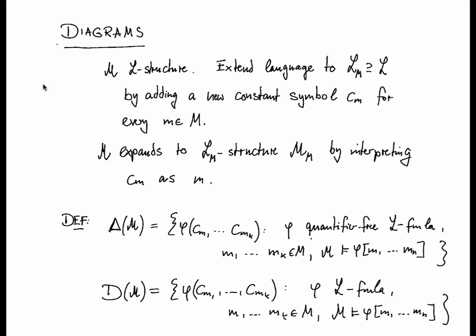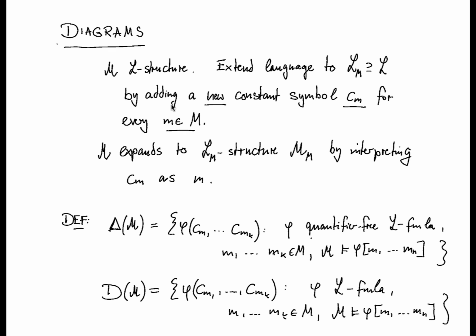And that is called the diagram method. So suppose we have an L structure M and we extend the language from L to L_M by adding a new constant symbol c_m for every m in M. So we just take, for every element in our structure, and add some constant symbol to the language.